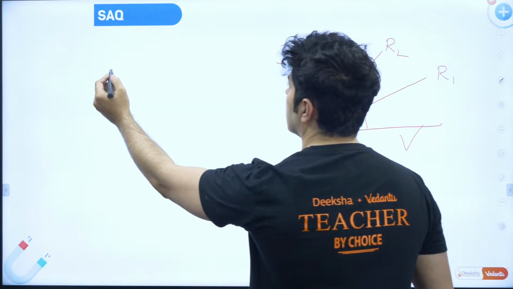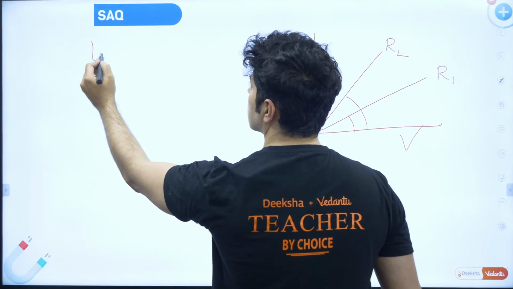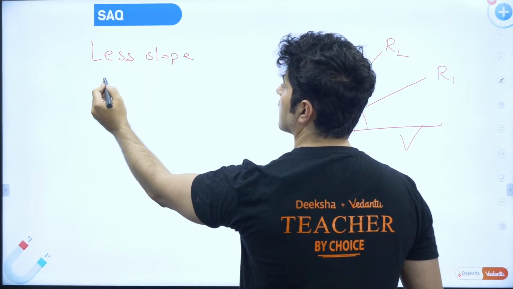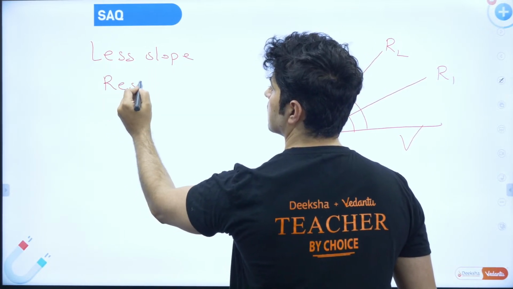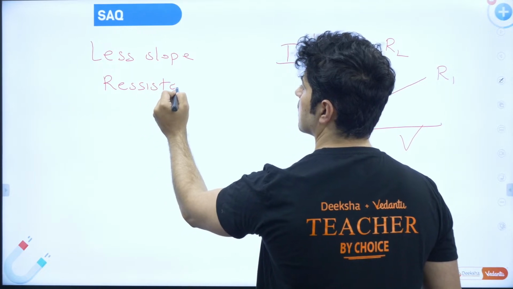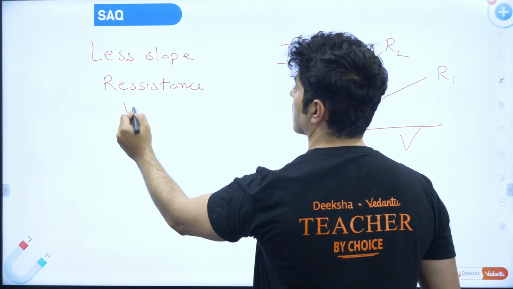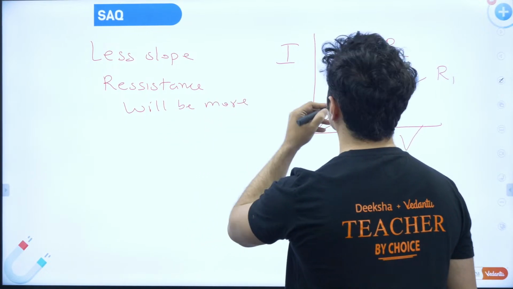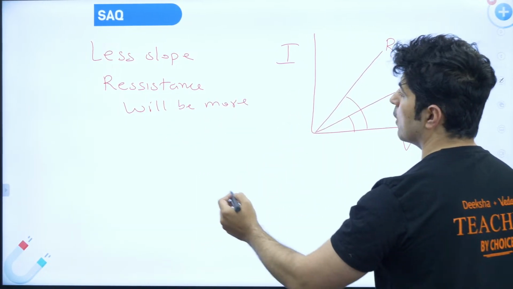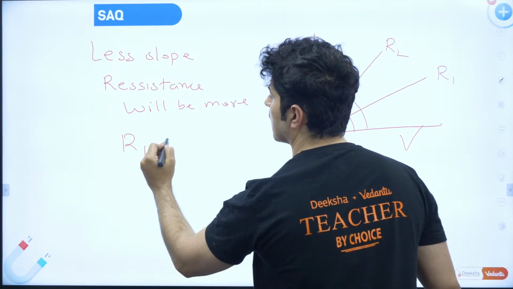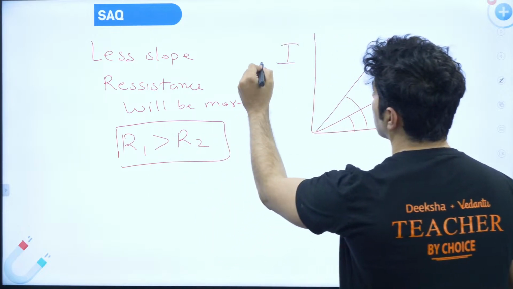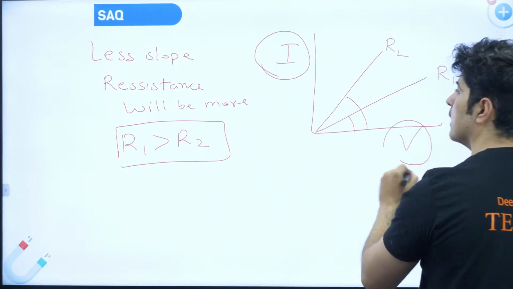Here, whichever has less slope, the resistance will be more. So I can clearly see R1 has less slope, so R1 will be more than R2 in this case. But this happens when, remember, I is over here, V is over here.